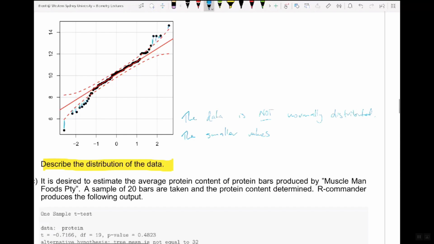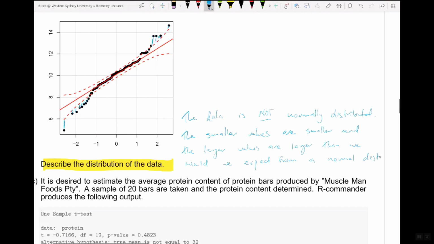I know that sounds strange. The smaller values are smaller and the larger values are larger than we would expect from a normal distribution.